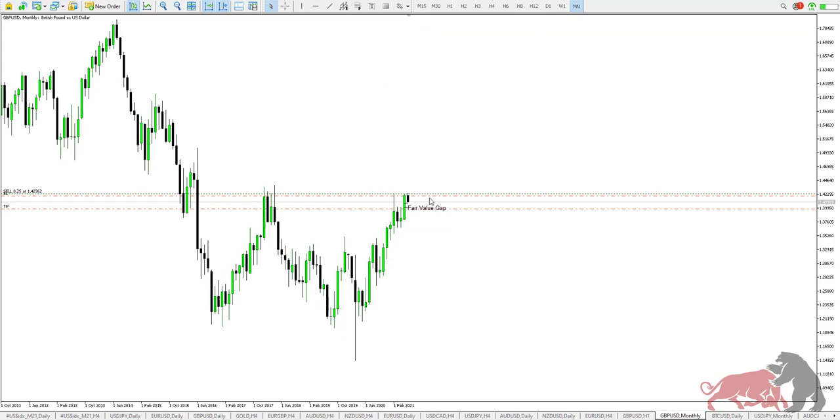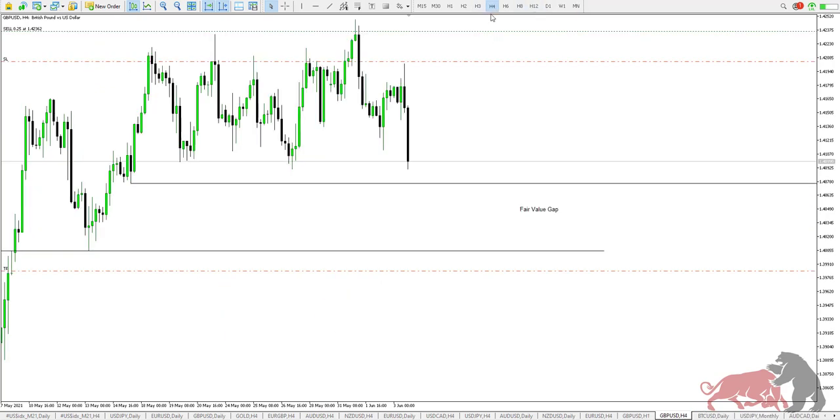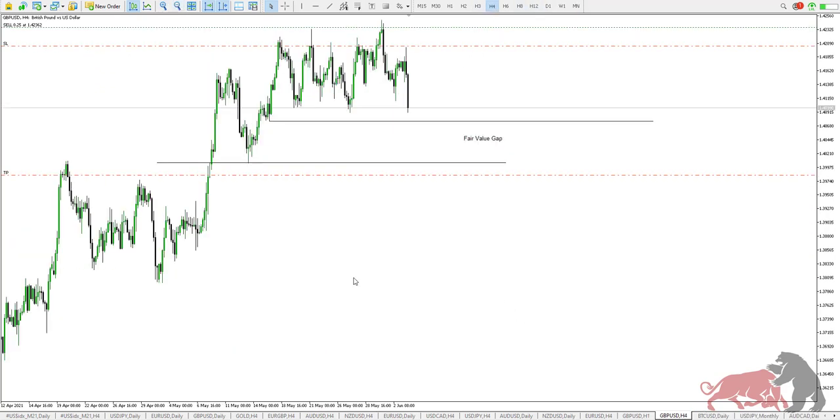The only thing I'll be looking out for in this instance now is a weaker dollar. The moment the dollar gets weak, then this setup will be invalid. But as of now, I'm still strong bearish on pound dollar.